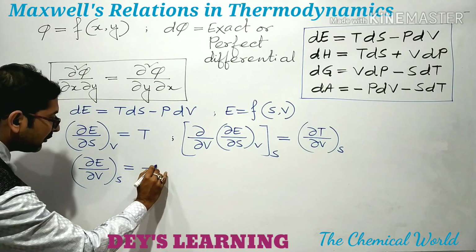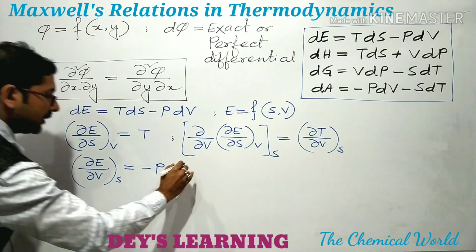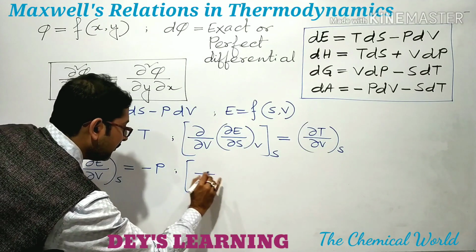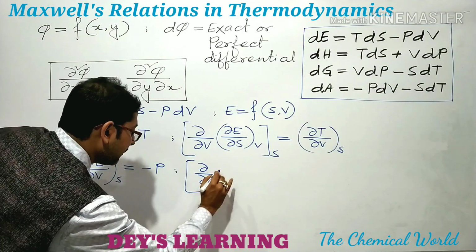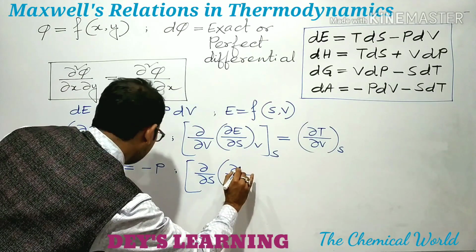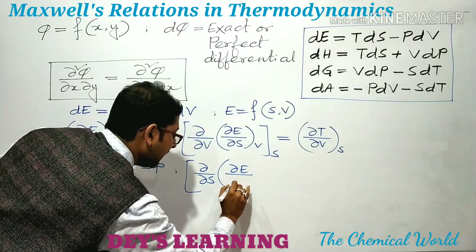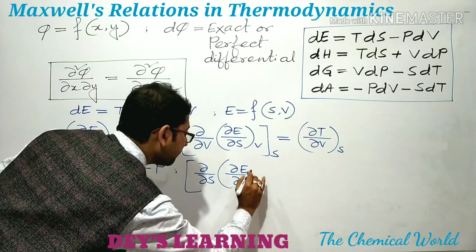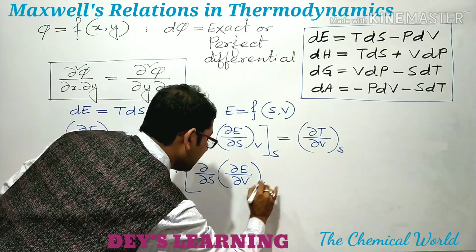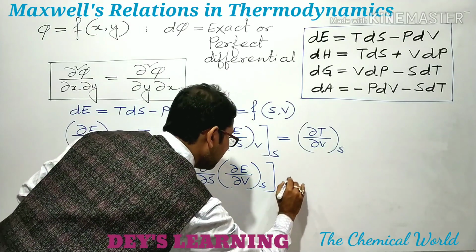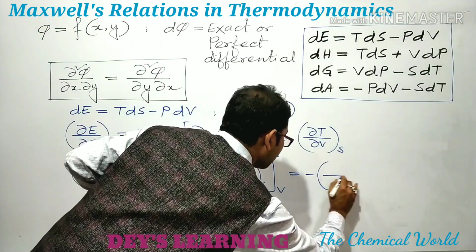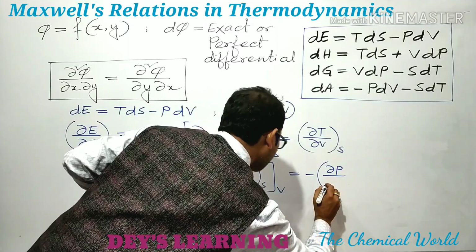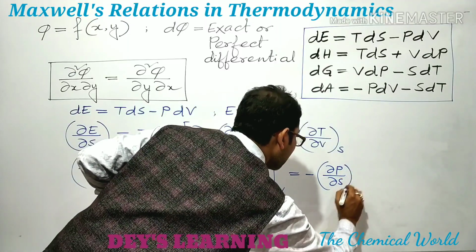So this one gives us minus P. And now differentiating this one with respect to S, del E del V at constant S, this one is minus P, gives us minus del P del S at constant V.